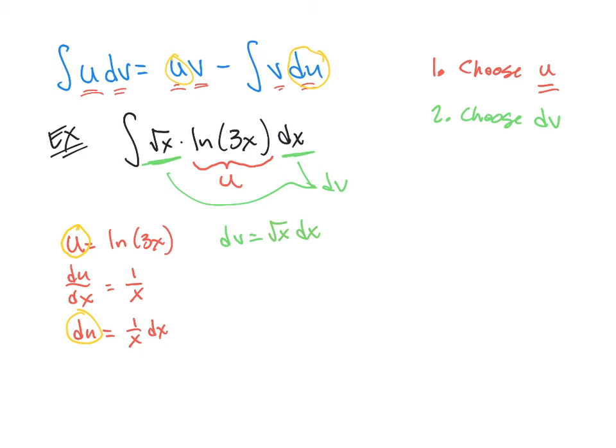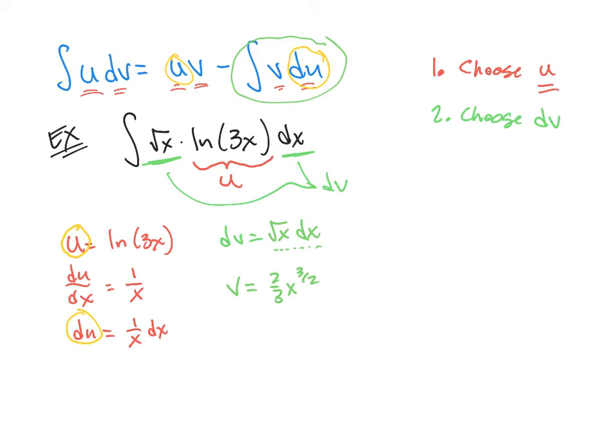When you do the antiderivative on dv, you get v. So we have to do the antiderivative of the square root of x dx. Well, the antiderivative of x to the 1/2 is 2/3 x to the 3/2. We'll use our power rule. Don't worry about a plus c right now. That plus c will get taken care of in the formula when we finish this thing off.